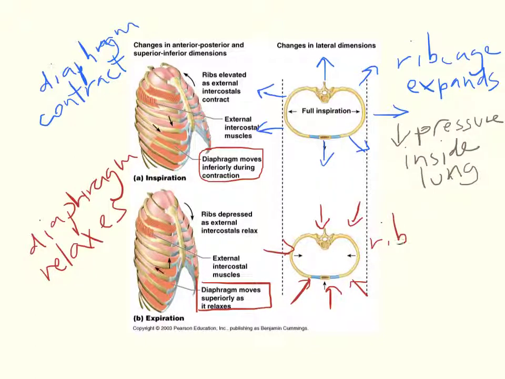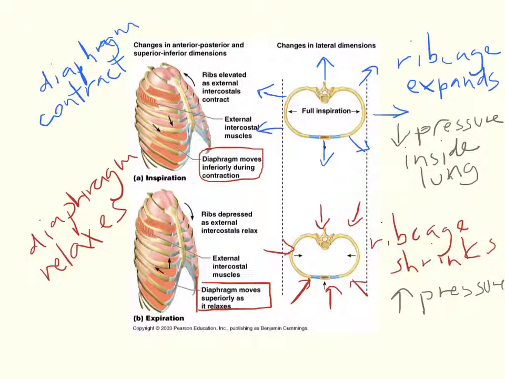Rib cage shrinks or returns to its regular state. And then what happens in this case is there's an increase in air pressure inside the lungs, and that pressure pushes the air back out, and that's how the carbon dioxide gets pushed out into our surroundings.